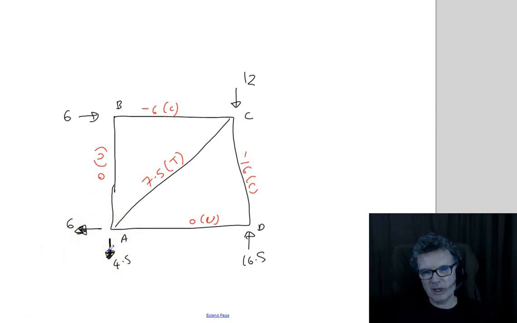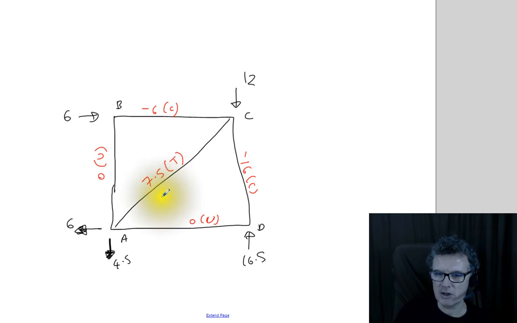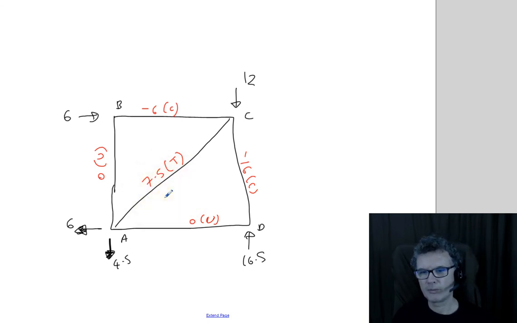So we do have some forces which all seem to be going off in that direction. So it does seem that it should be in tension. Okay. So that's my example.